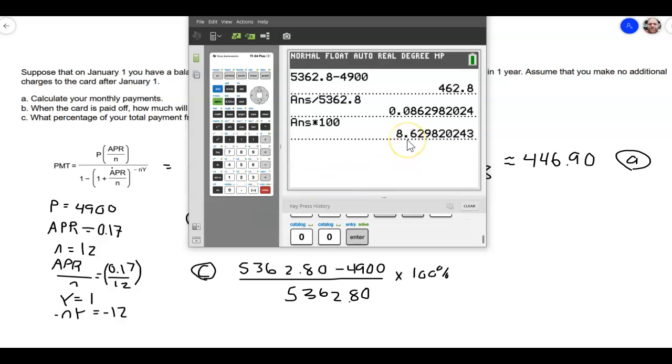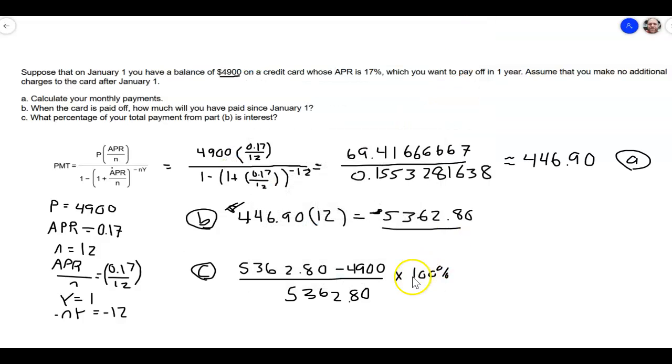That means we paid approximately 8.6% interest on this credit card.